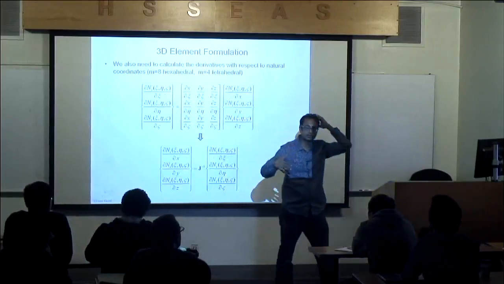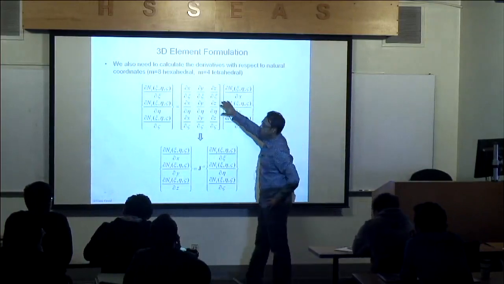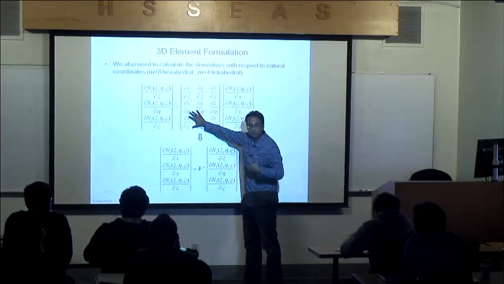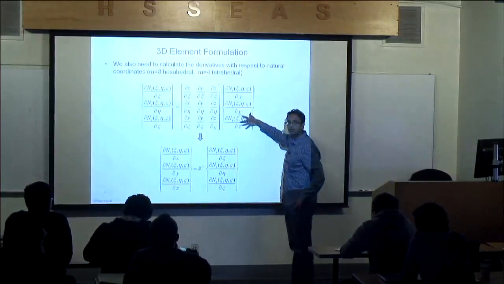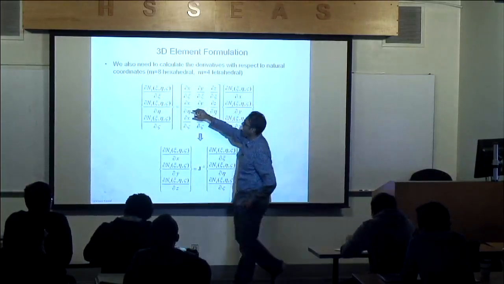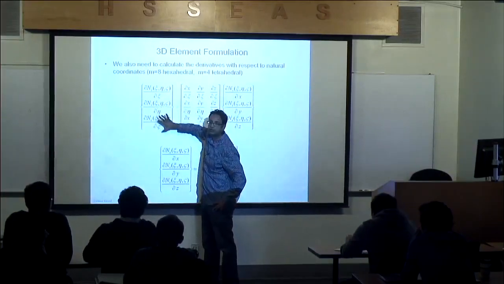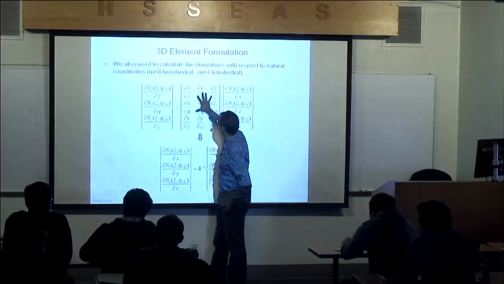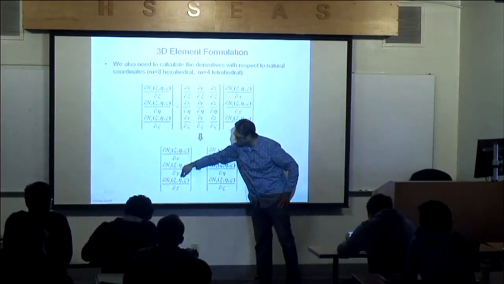And second row the same way, third row the same way. You agree that I already know this for sure? I know this from the previous slide. This is what I want to get. I really want to get this. Do you agree that N's are in terms of c, eta, and zeta? So I should be able to determine these derivatives very quickly. I have that. I have this. So I can invert this and I can find these derivatives with respect to x, y, and z, which I'm going to need.